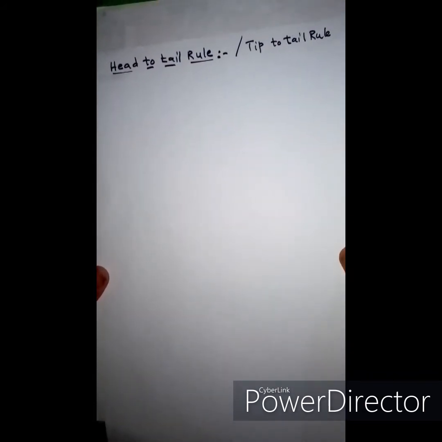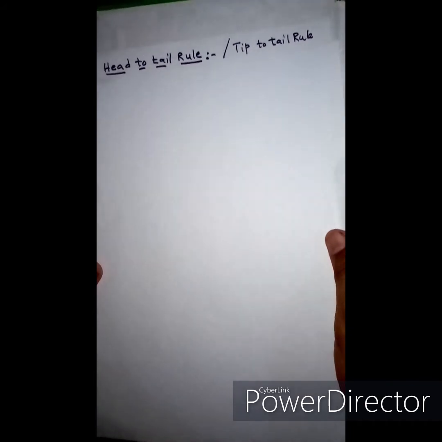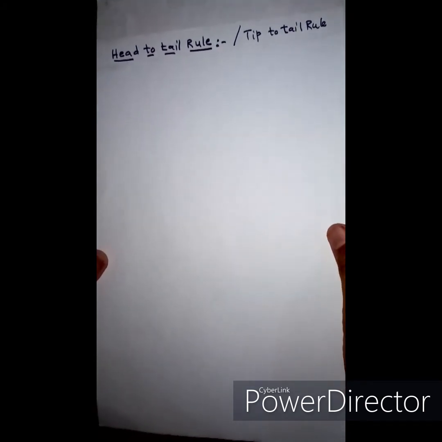Now, why do we call it the head to tail rule? We are going to understand it in its method to add. First, keep in mind one thing: we are going to add vectors which are identical. Identical not in the sense that the magnitudes are equal, but in the sense that all the vectors are force vectors, or all velocity vectors, or all acceleration vectors.